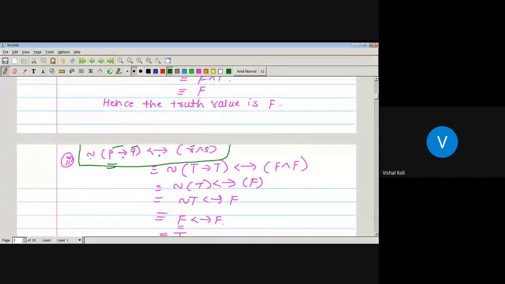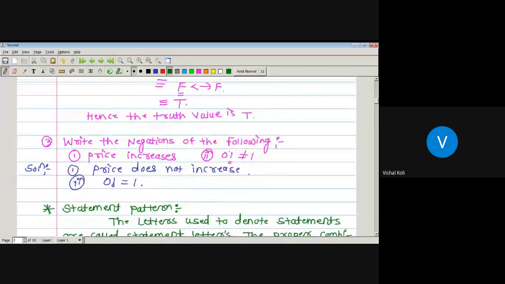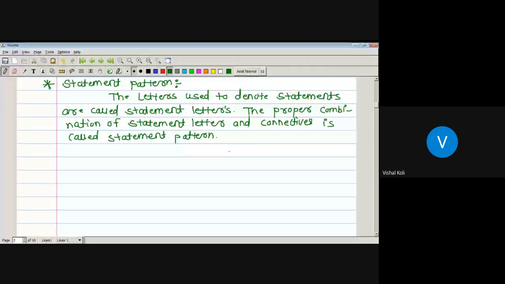Sometimes the statement pattern is also called a proposition.